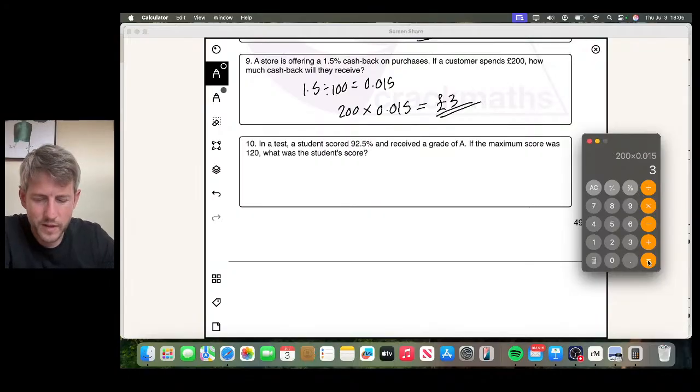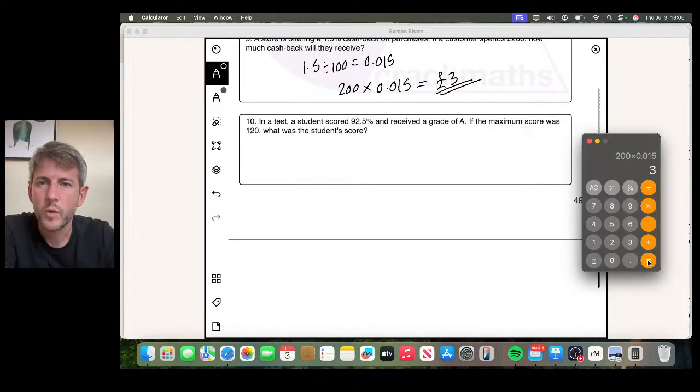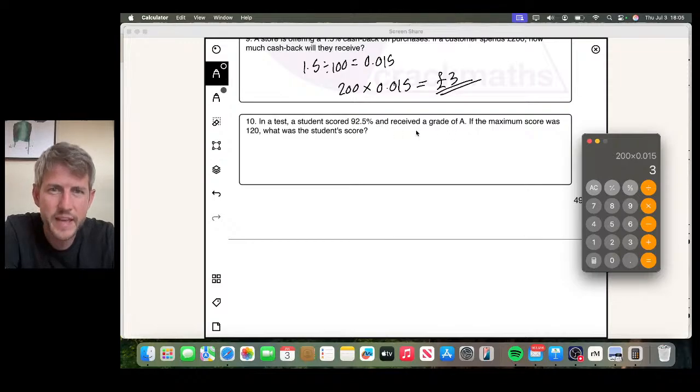Okay, so let's have a look at question 10. Question 10 says, in a test, a student scored 92.5% and received a grade of A. Okay, that's fine. If the maximum score was 120, what was the student's score? Okay, so they got 92.5% of 120.